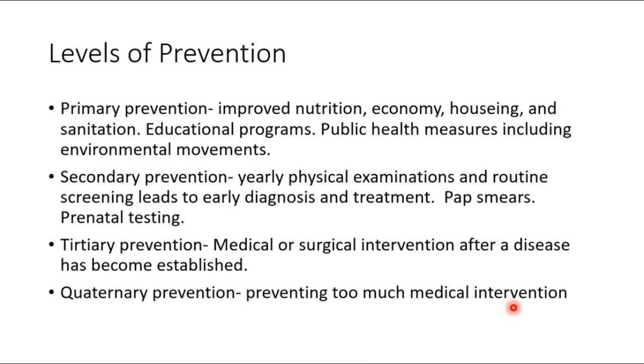It is possible to damage somebody's liver by giving them too many meds or accidentally end up with medications that interact with each other badly. Or what if they don't actually need surgery? Some people will say, I really want back surgery for my back pain, but it may not be indicated for that person. So preventing too much medical intervention. It's pretty simple. Any questions?